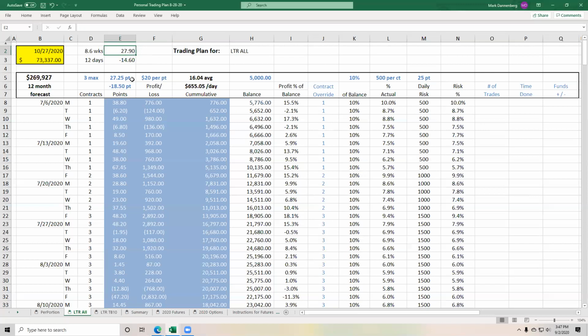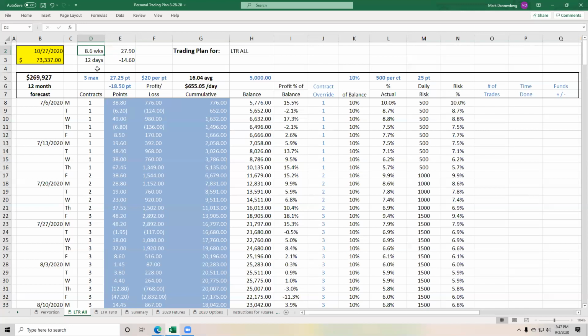I'm actually going to leave that alone. I'm not going to increase the forecast to 27.9, which is the actual run rate of winning trades. And the reason I'm not going to increase it is because we've had 12 losing days out of 8.5 weeks. So we are through 8.5 weeks.